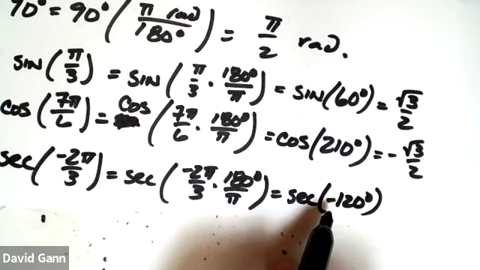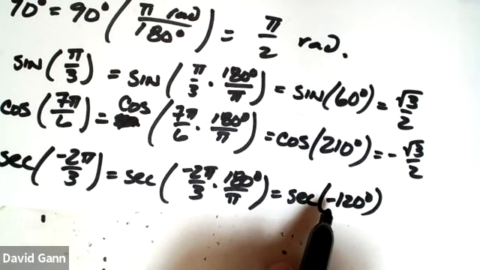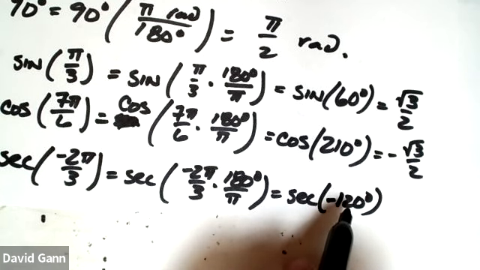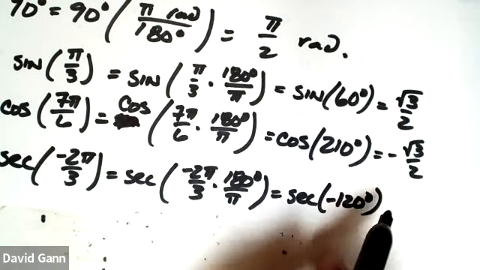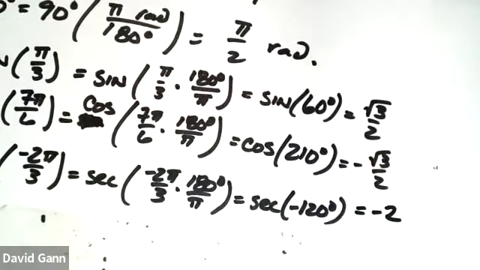It's equal to the reciprocal of cosine of negative 120 degrees. The reference angle is 60. So the numerical cosine value of 60 degrees is 1/2. It's the reciprocal, so 2 with a negative sign. So this is equal to negative 2. And there's a chart in the textbook, I think, that lists all of the values.